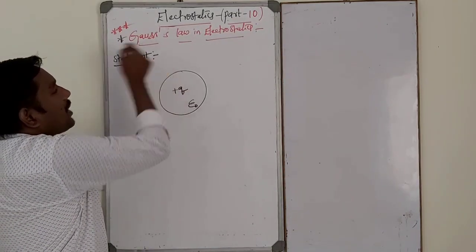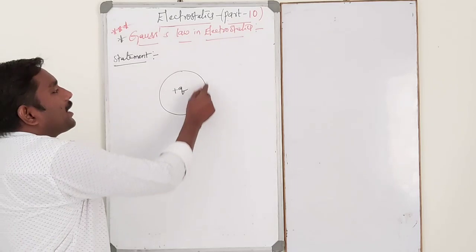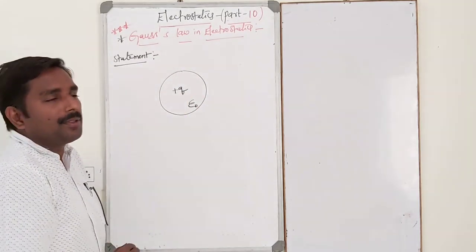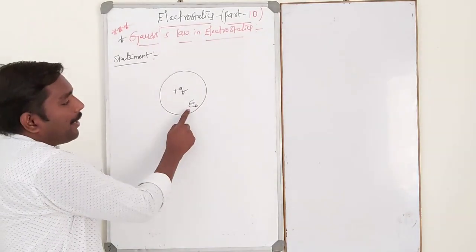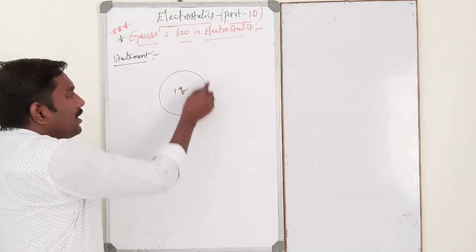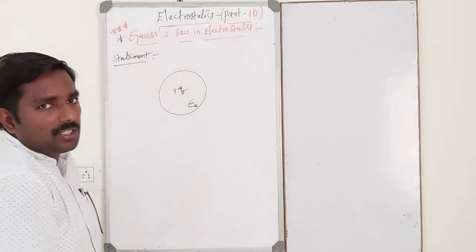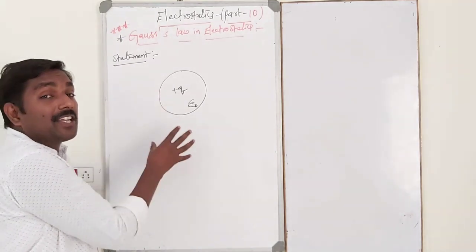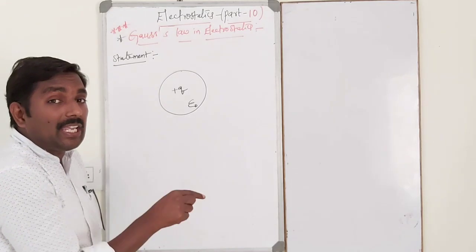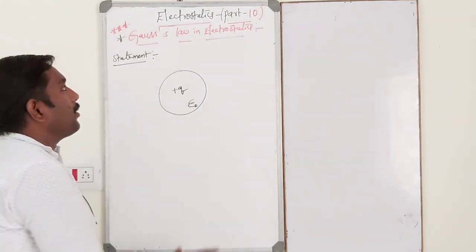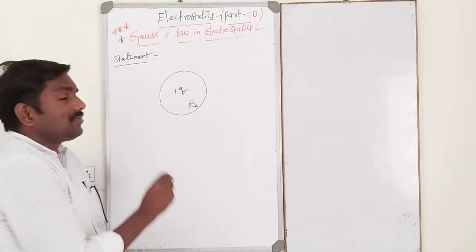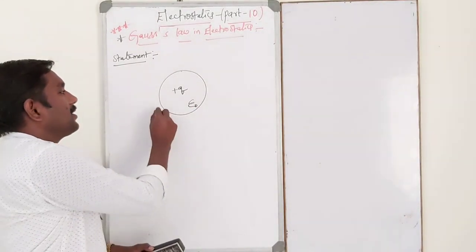Gauss law states that the total electric flux in any closed surface in free space or vacuum is equal to 1 by epsilon naught times the total charge enclosed by the surface. In this surface, plus Q is the charge, placed in air or vacuum. I want the flux. How to calculate the electric flux?